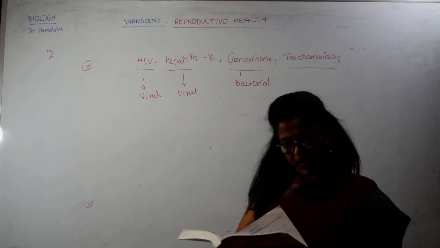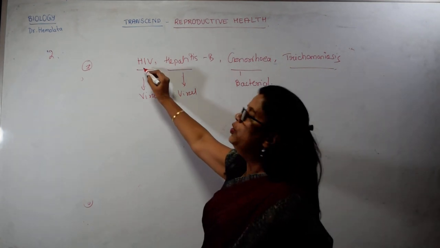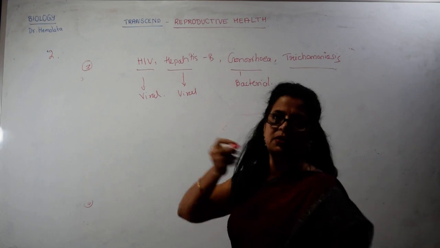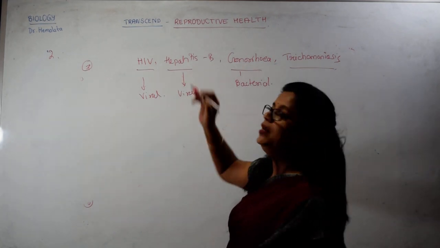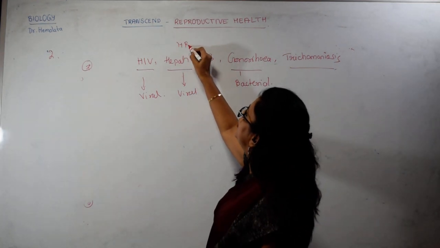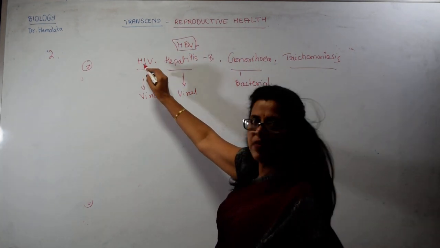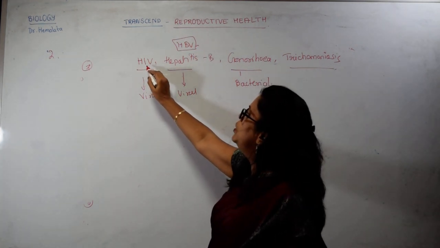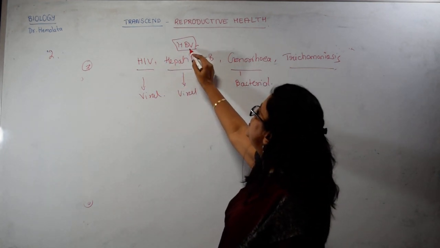Then, HIV is a pathogen whereas others are diseases. HIV means human immunodeficiency virus; that is the name of the virus. But what about hepatitis B? It is the name of the disease. Its virus is HBV, the human hepatitis B virus.